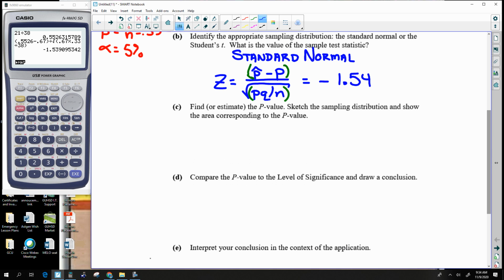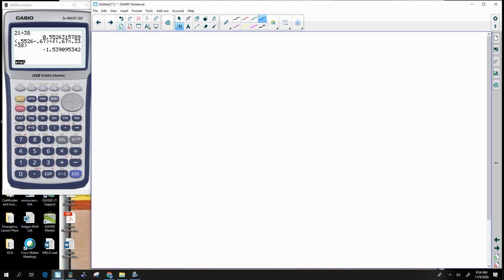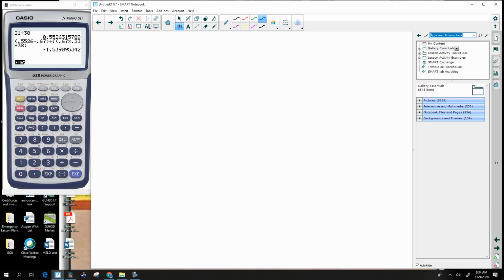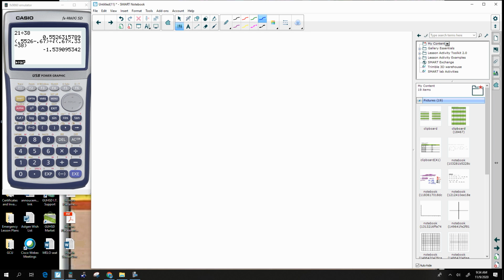Here they want me to get my p-value and then make a sketch. So the p-value is based upon the answer that I just got, and my previous answer is z is negative 1.54. I would always look this up as a negative. It's already a negative, so I don't have to think of it as a positive, but it's still just negative 1.54.